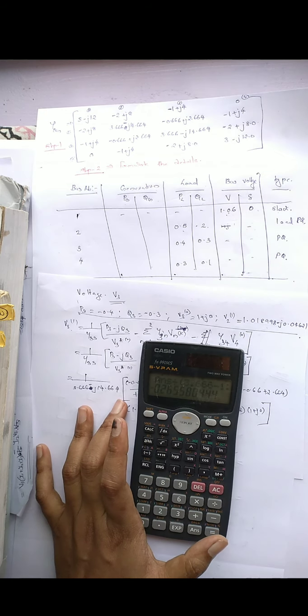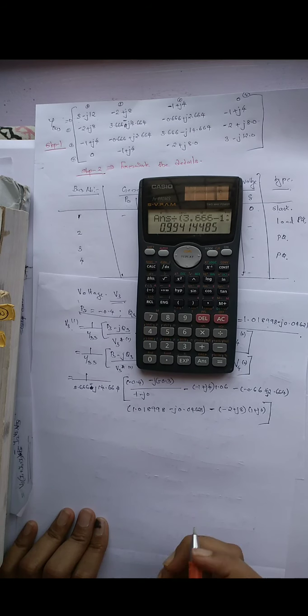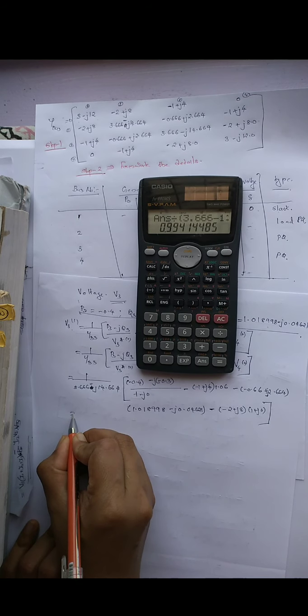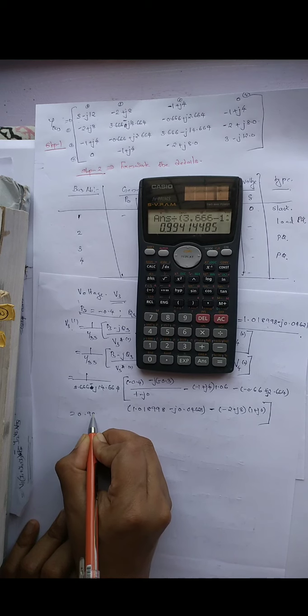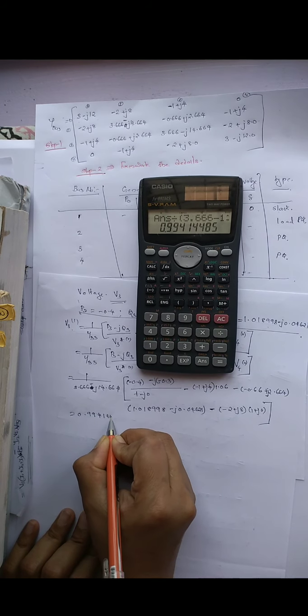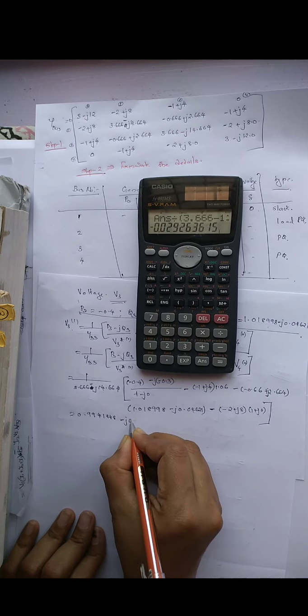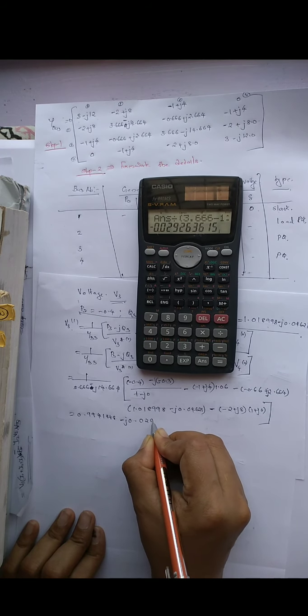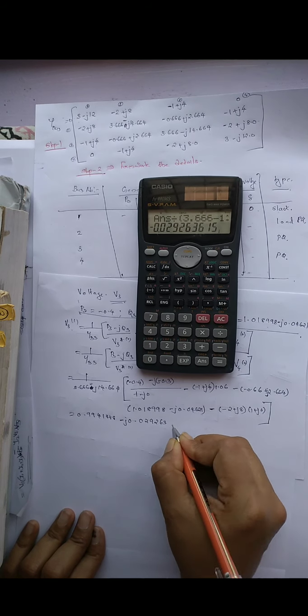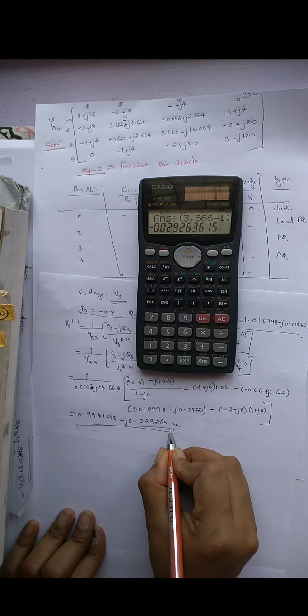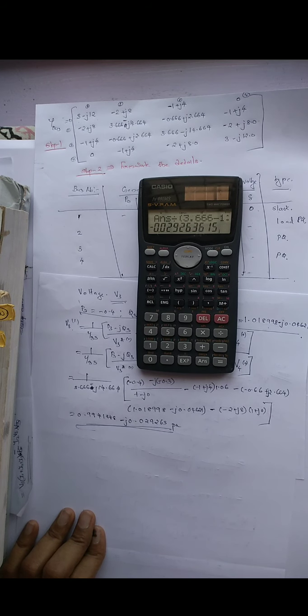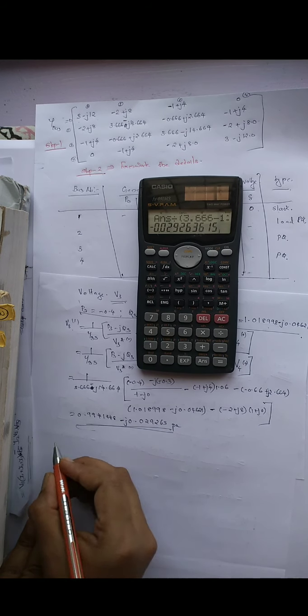So I should get my answer as V3 first iteration value equal to 0.9941448 minus j0.029263 per unit. That is the V3 first iteration value, and we were given alpha equal to 1.6.